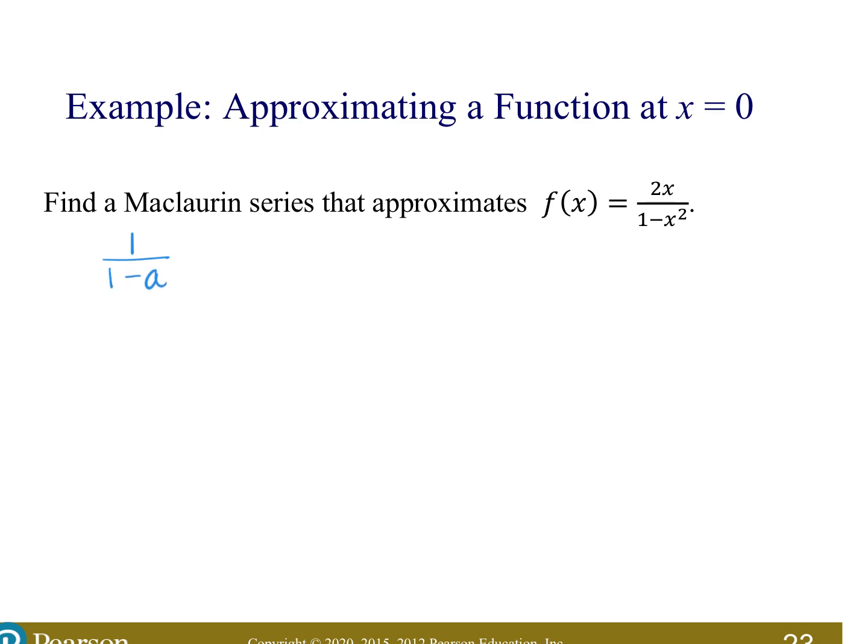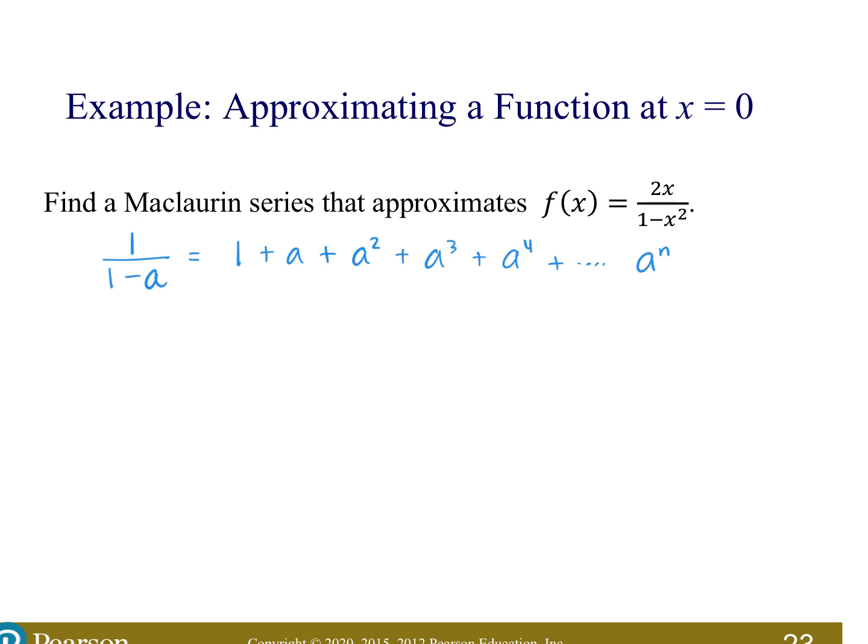That would be the closest thing. Instead of 2x over, start with the closest thing. This is a geometric sum, and it goes 1 plus a plus a squared plus a cubed plus a to the 4th plus, and so on. And then we get a to the n. That's all the rule is for 1 over 1 minus a.